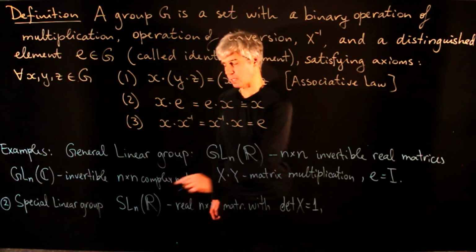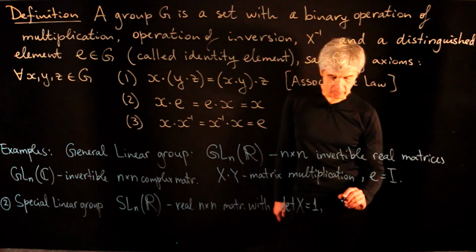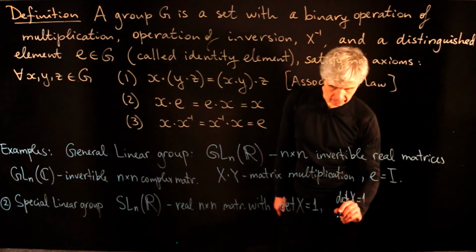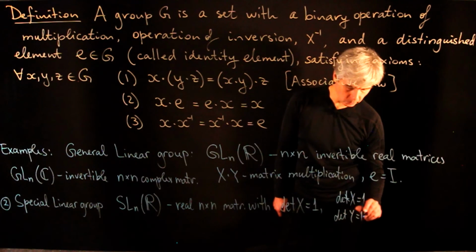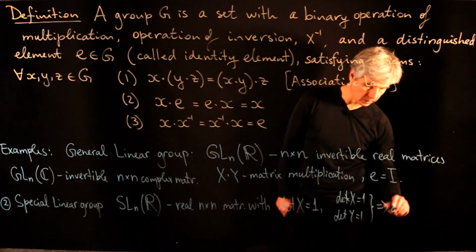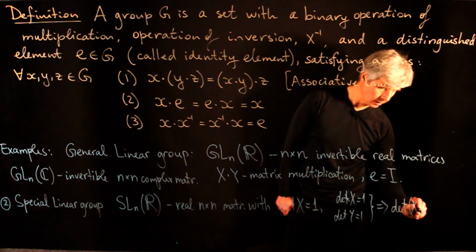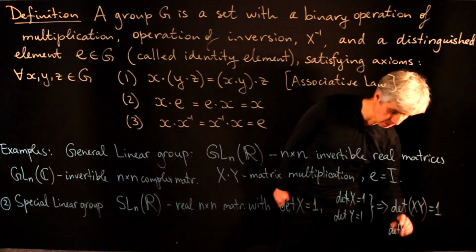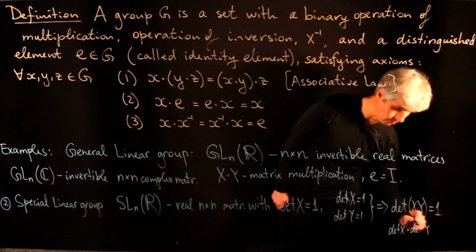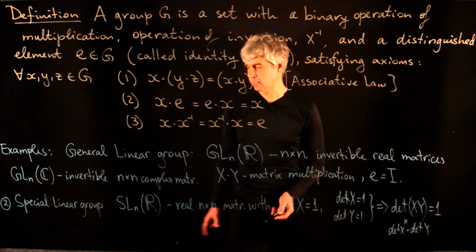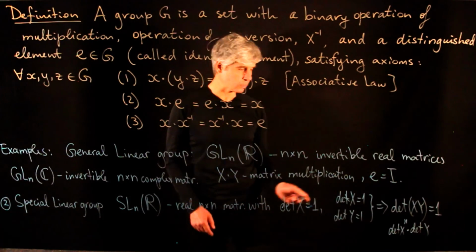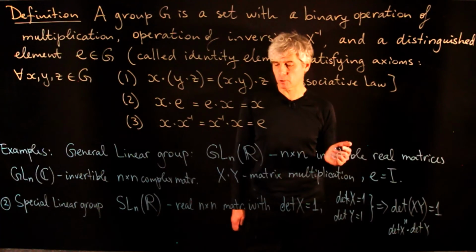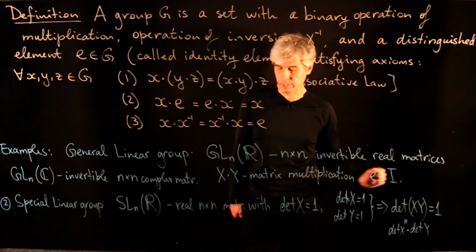And so this set is closed under multiplication, because if we have determinant of x equal to 1 and determinant of y equal to 1, then this implies that determinant of xy is also equal to 1, because it's equal to the product of determinant of x times determinant of y. And so what we see is that the set SLNR is closed under multiplication and also closed under inversion, because the inverse of a matrix with determinant 1 also has determinant 1.